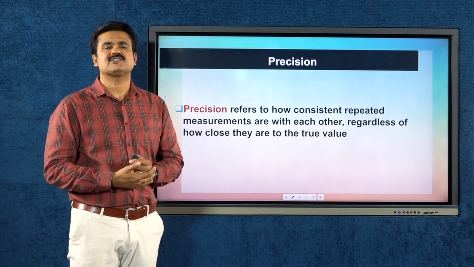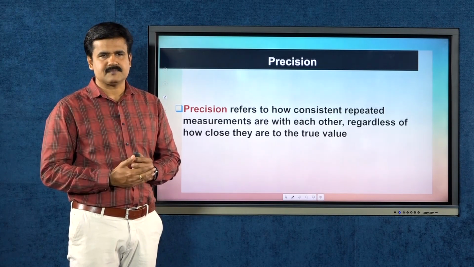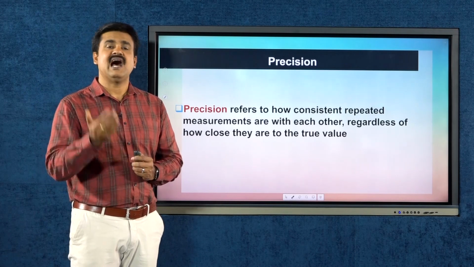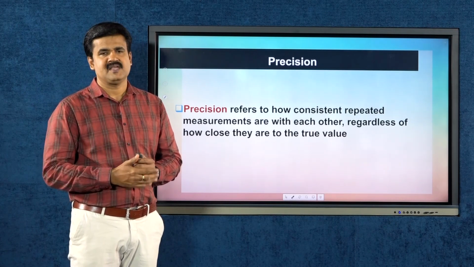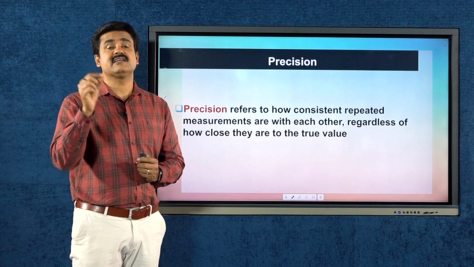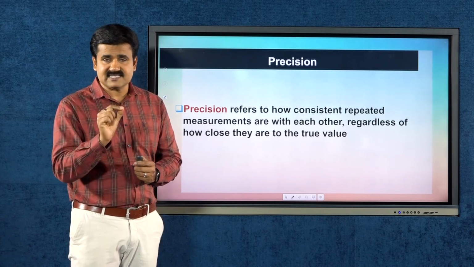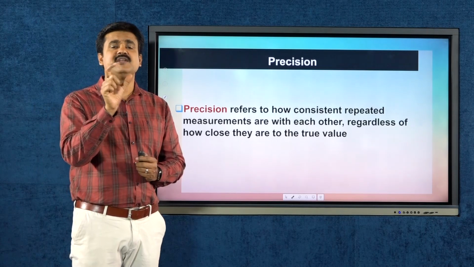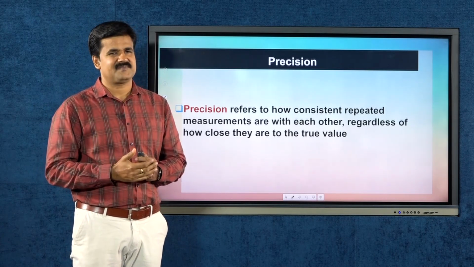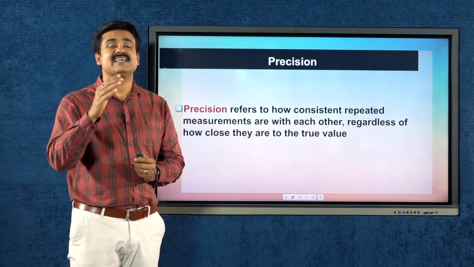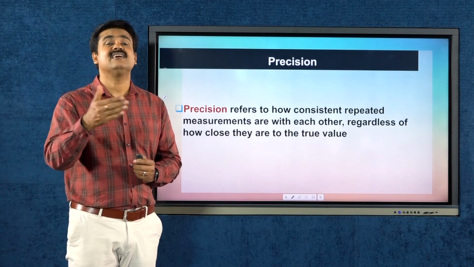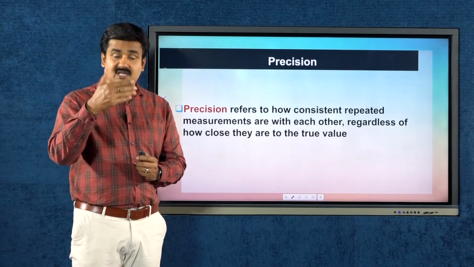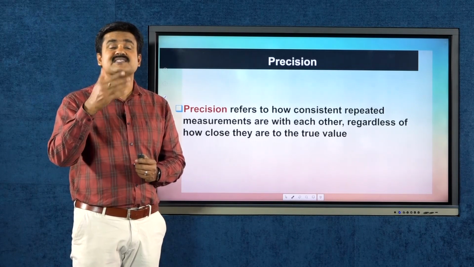Let the 3 values obtained be 9.6, 9.61 and 9.6 again. These 3 values are very close to each other, such that we can say that there is some precision in the values. There is closeness between the observed values.